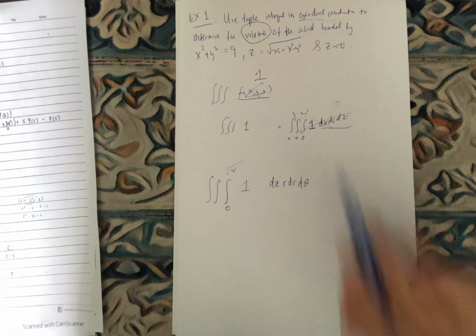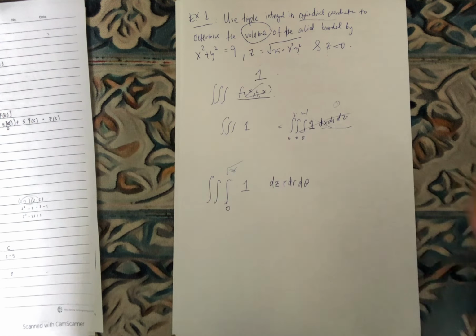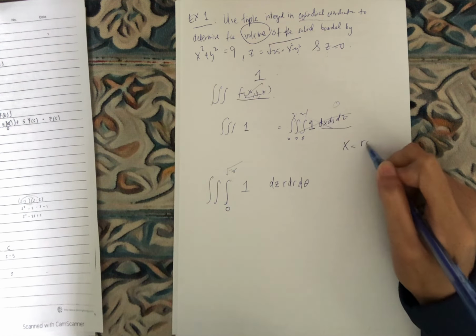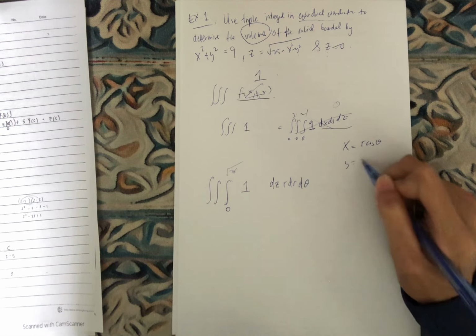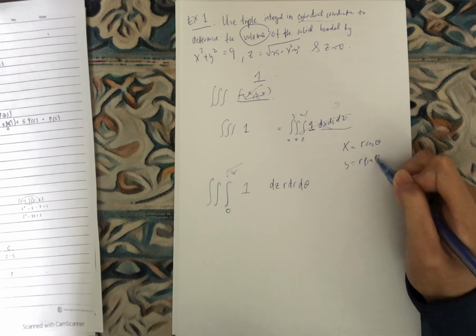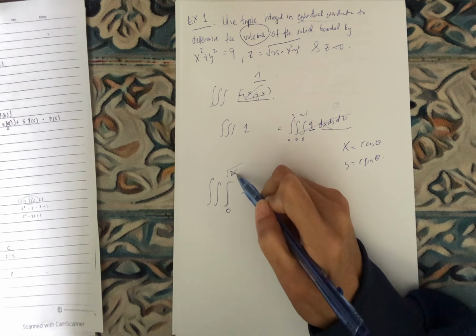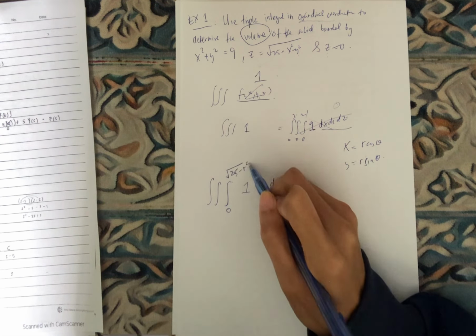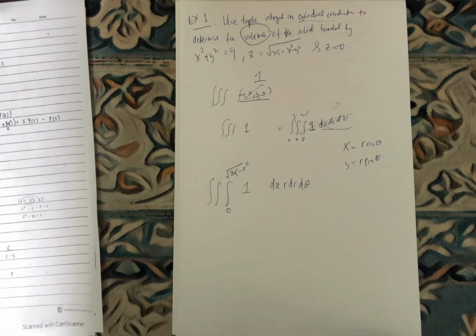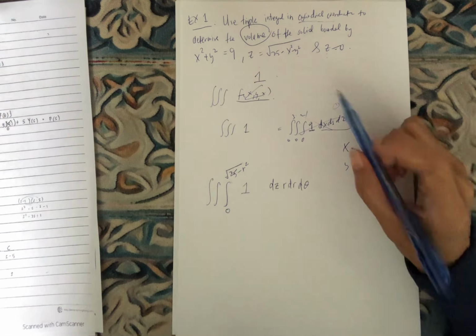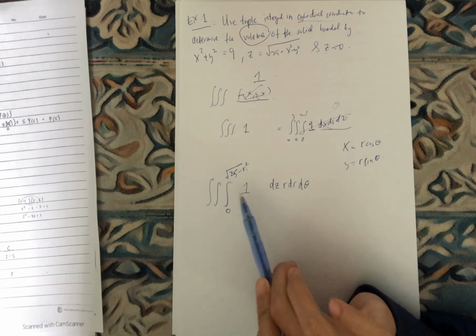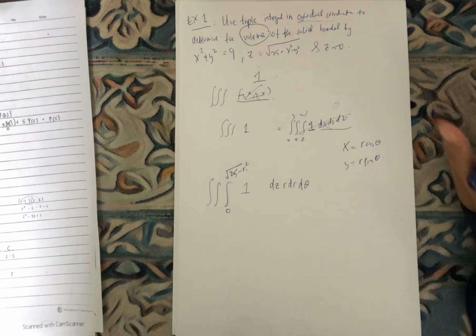We need to change it to r and theta by using this transformation. So it becomes 25 minus r squared. You replace these two into x and y, and you will get this. If you want to check, you can do it by yourself.